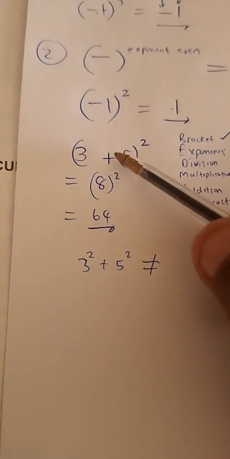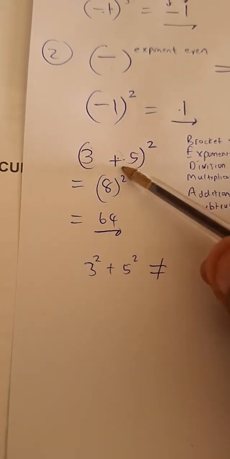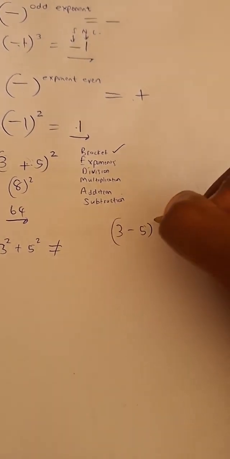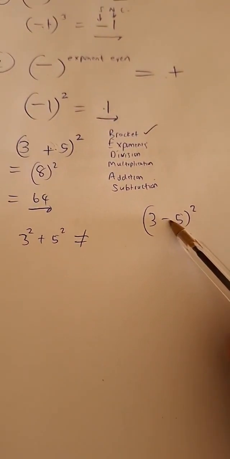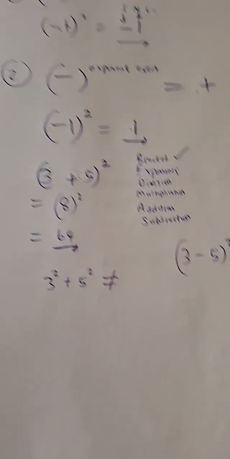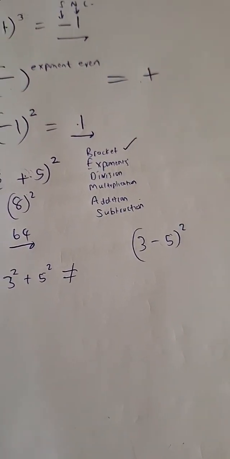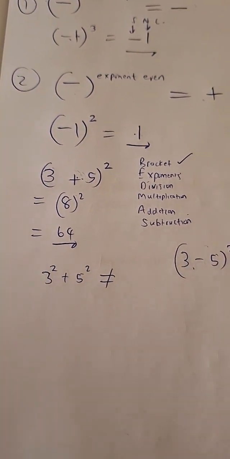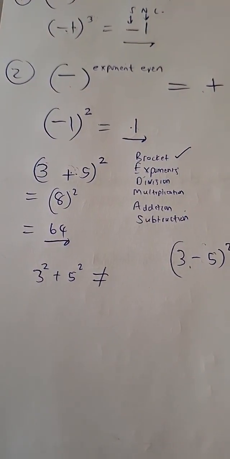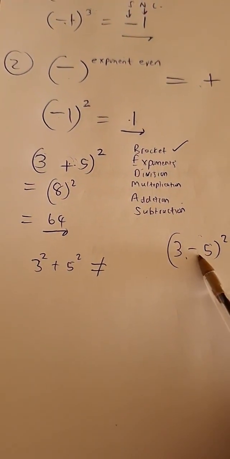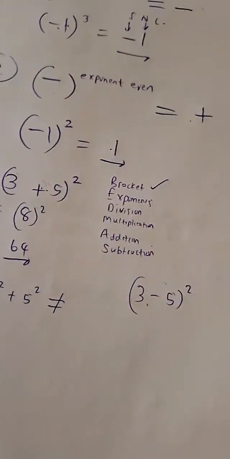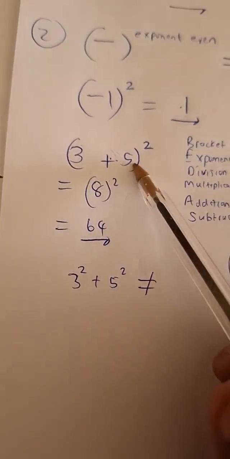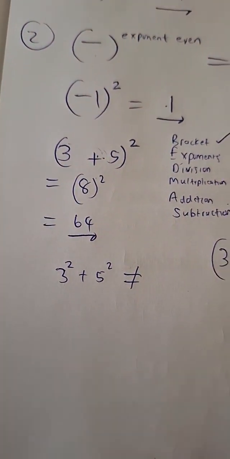We don't do that where there's a plus, and we don't do it where there is a minus between two terms. Very, very important. Let's always ensure that we do not find ourselves falling into the trap of applying the square to the respective numbers. It's wrong.